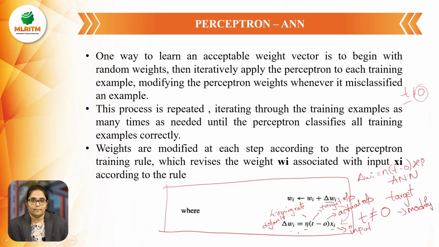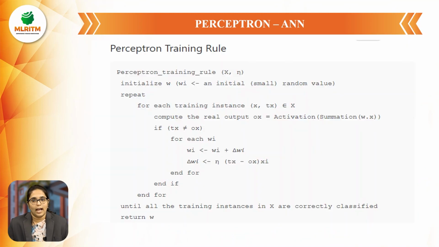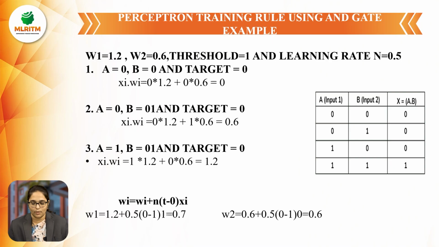So let us consider a basic simple example to build an ANN using an AND gate. With the AND gate, we are seeing an example for this perceptron problem, how an ANN is built. The truth table of the AND gate is: if the two inputs are 0, 0, then the output is also 0.